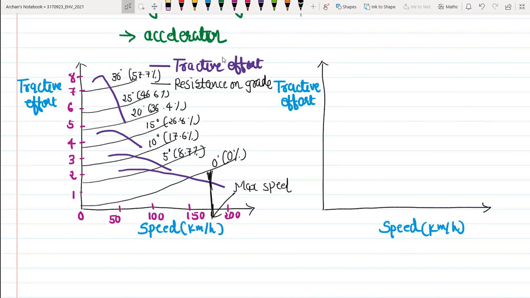Now similarly, when I talk about the electric motor, we know the characteristics of an electric motor, right? You will have a constant torque for some time, and then it will decrease hyperbolically like this. So this will show us the maximum speed when the torque is minimum.